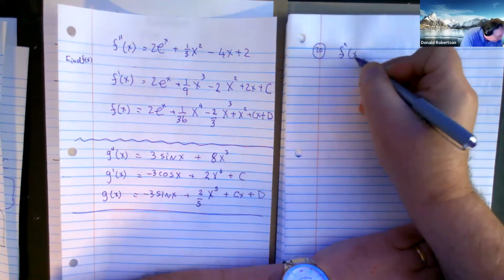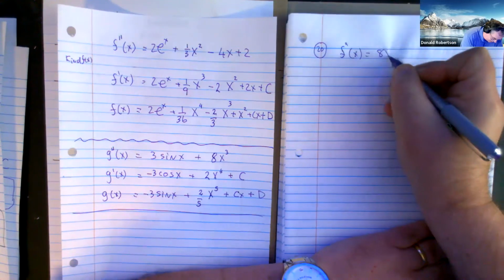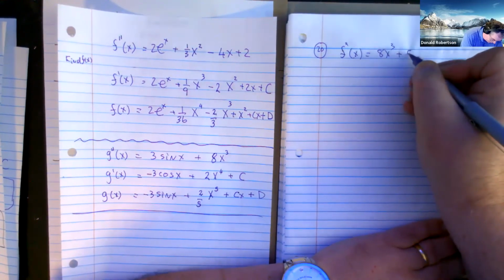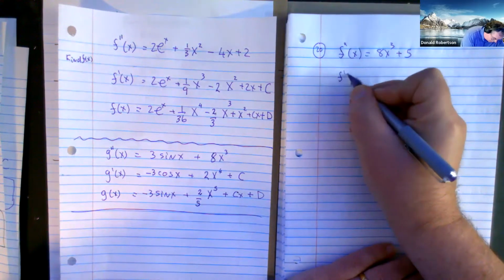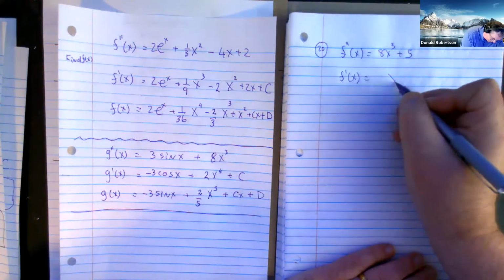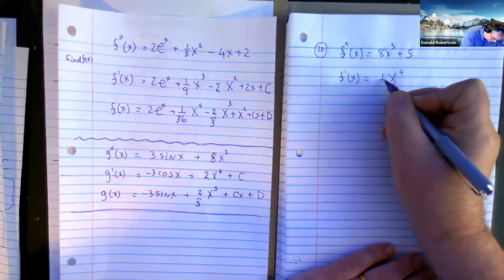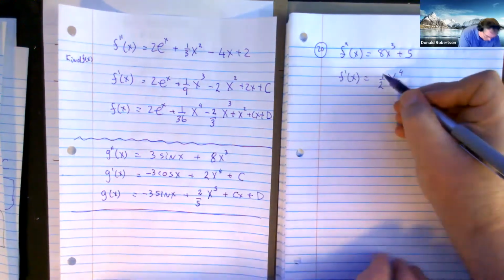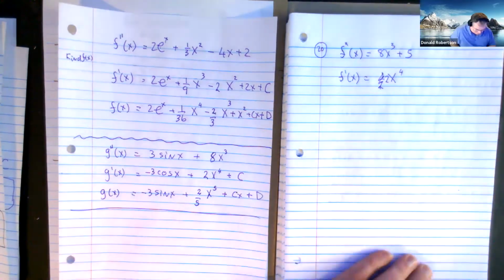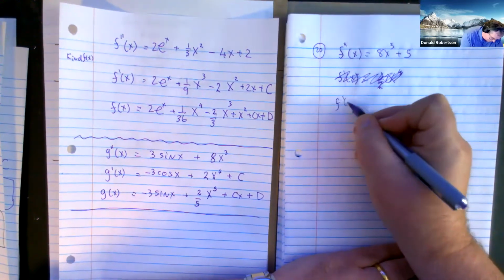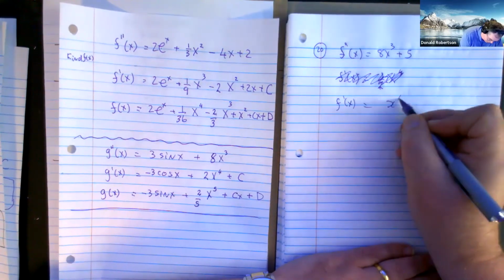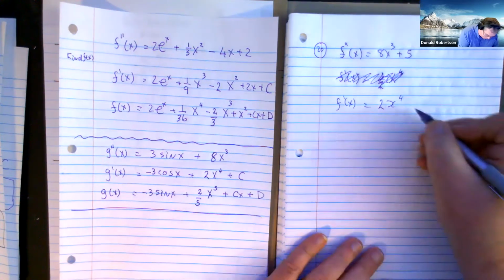Its second derivative is 8x cubed plus 5. Well, if I find the antiderivative, I add 1 to the power and divide by the new power. And I just screwed that up, that's 2. Try that again.